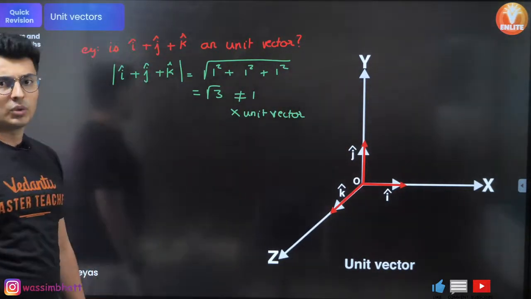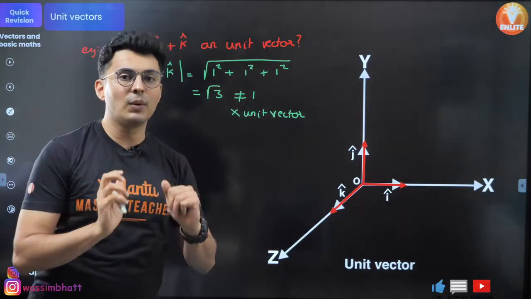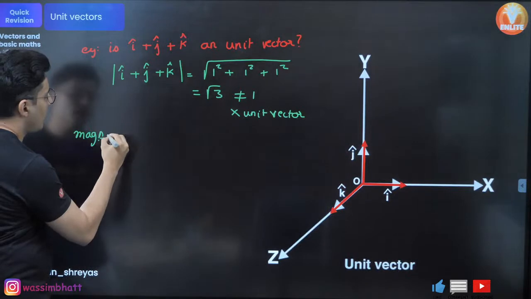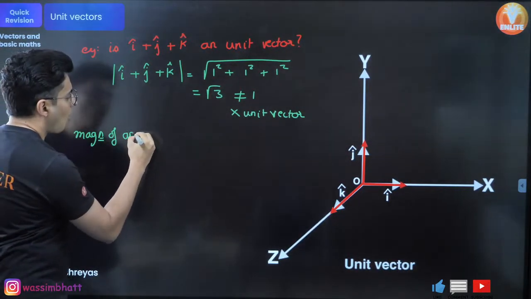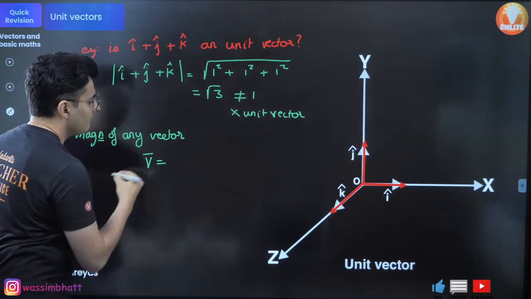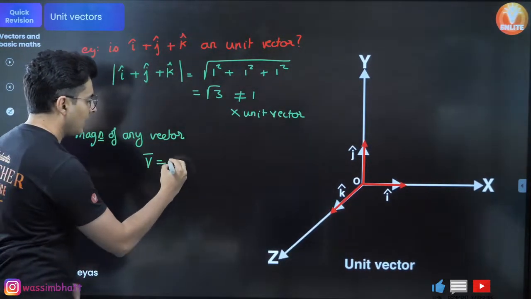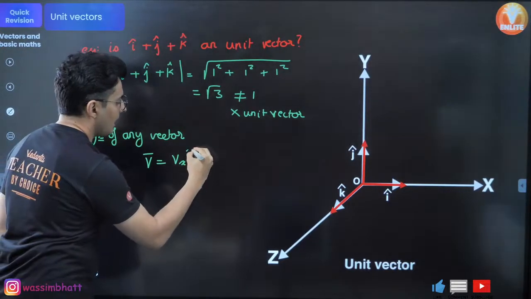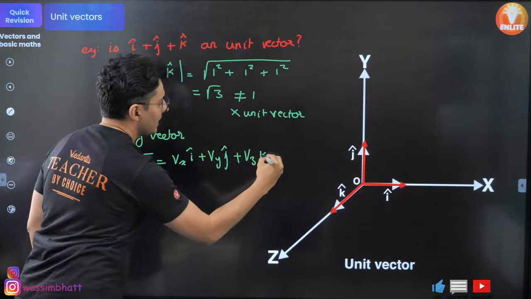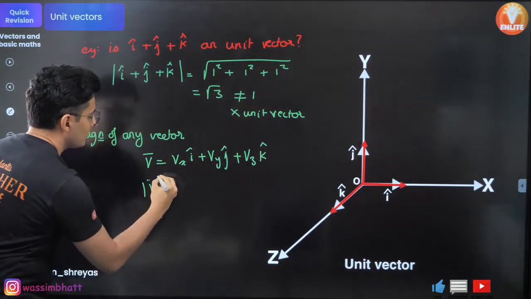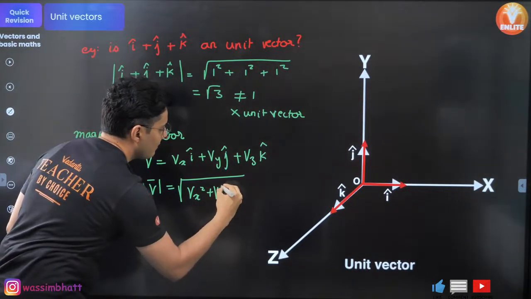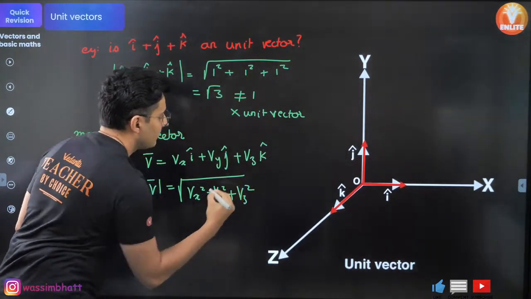So this leads us to the magnitude of any vector. The magnitude of any vector v bar, which is equal to, let's say, vx i cap plus vy j cap plus vz k cap, is given by root of vx square plus vy square plus vz square.